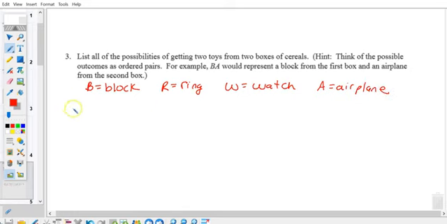All right, so in the first box of cereal, I could get a block, and then a block in the second. I could get a block and then a ring. I could get a block and then a watch. I could get a block and then an airplane.